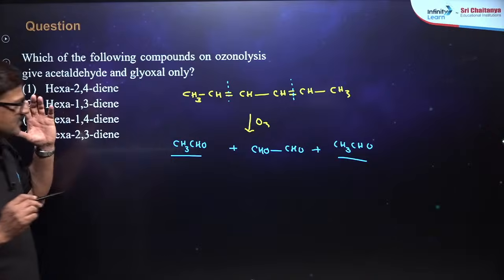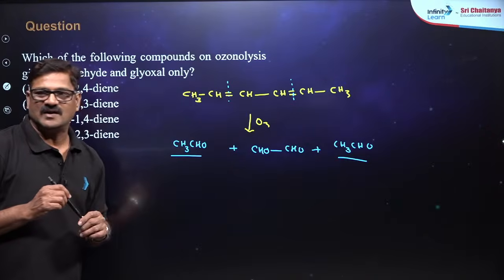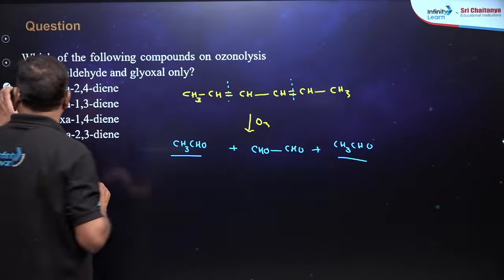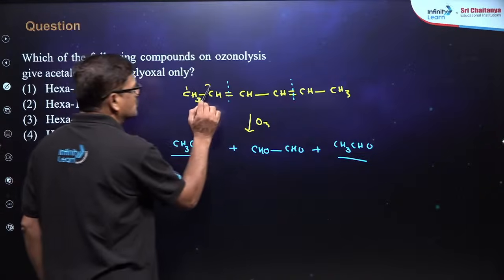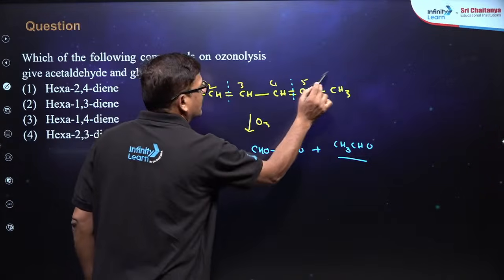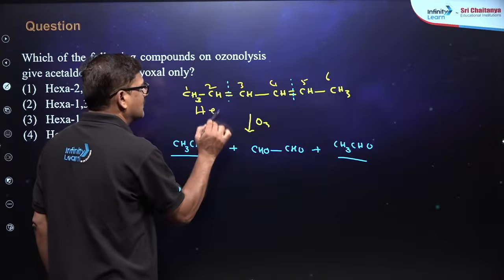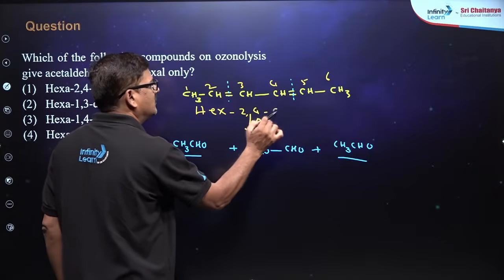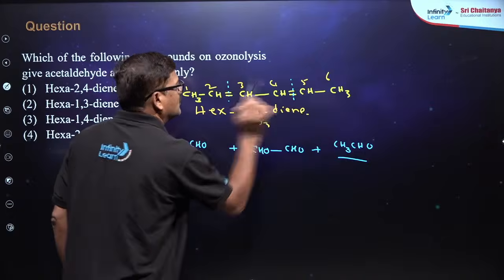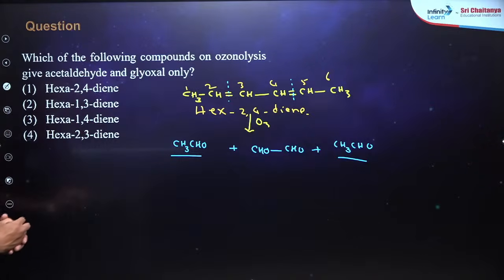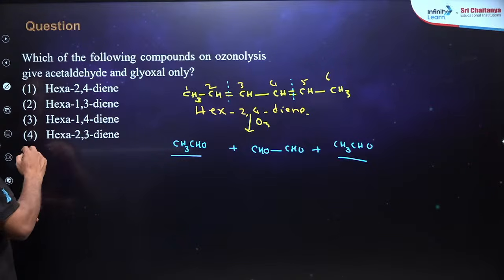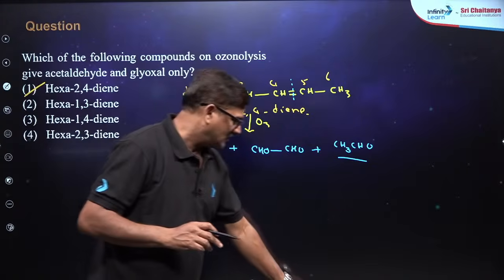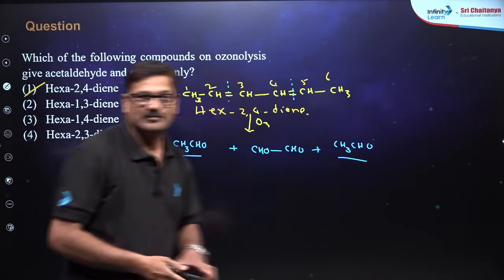So 2 moles of acetaldehyde and 1 mole of glyoxal are there. Numbering over here: 1, 2, 3, 4, 5, 6, it is hexane-2,4-diene. So option 1 is the correct answer for this question.